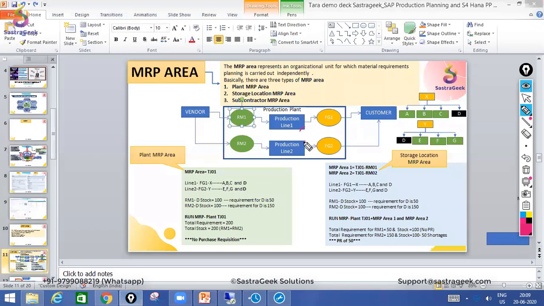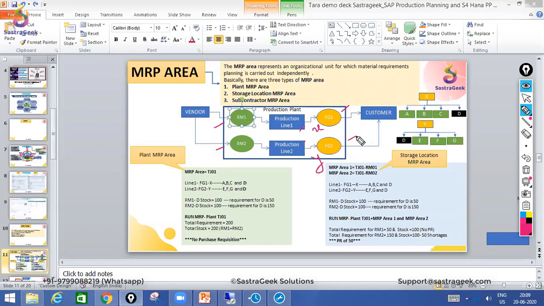Let's say on the first production line I'm manufacturing X material as a finished product, and on the second production line I'm manufacturing Y as a finished material. Now for each production line, I may have two different storage locations nearby from where I'm issuing material to production, and I'm getting finished material into an FG storage location. So I have two raw material storage locations and two finished material storage locations. Each line has two different storage locations.